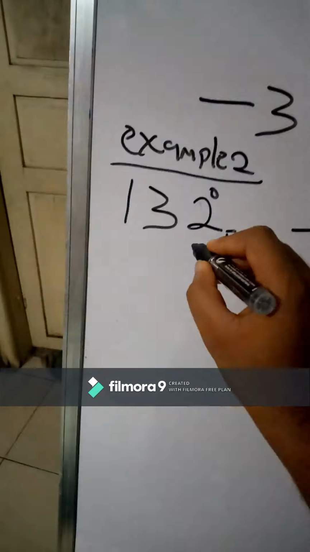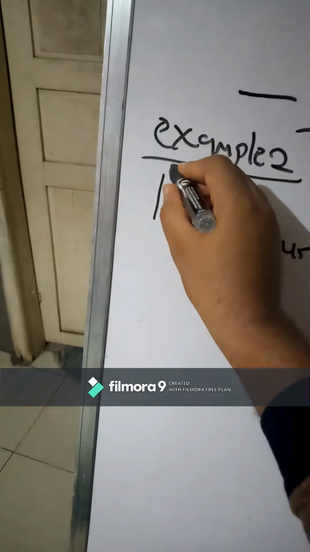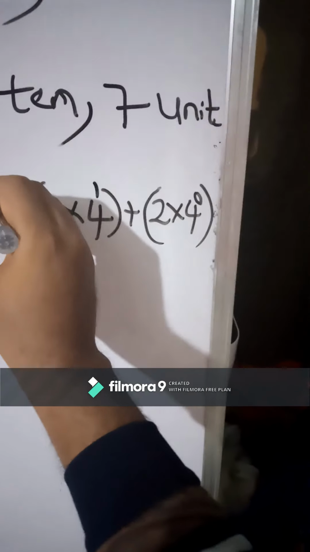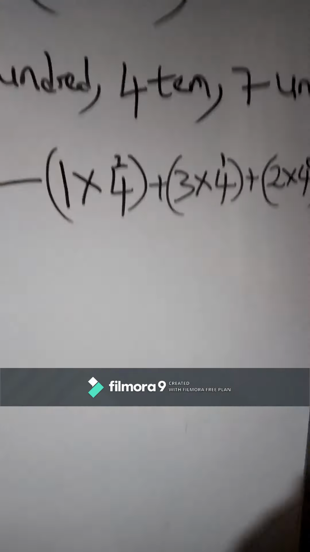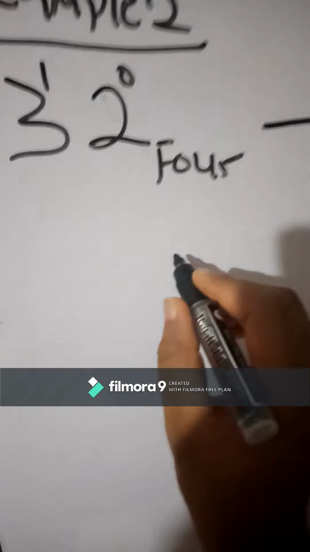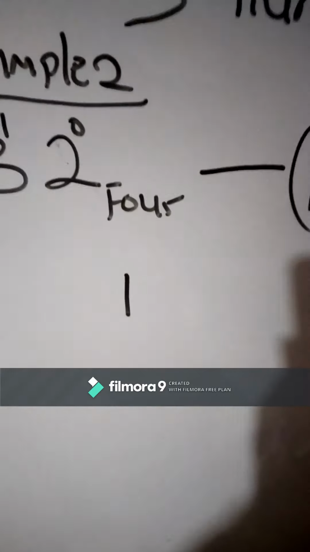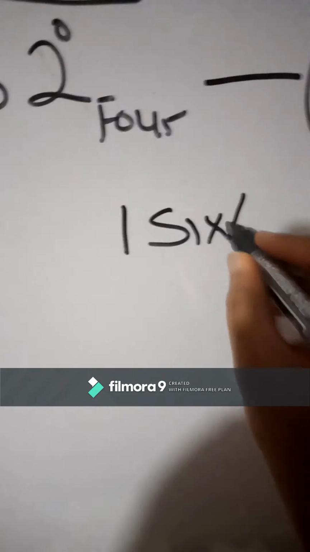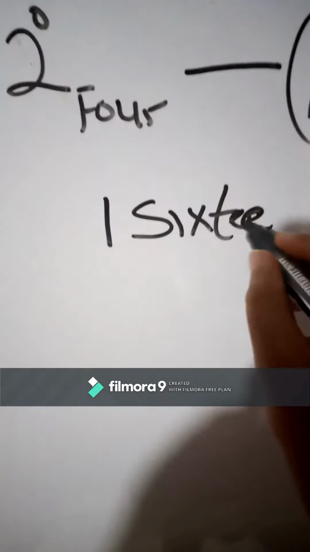So the 2 will take power 0, the 3 will take power 1, the 1 will take power 2. So I come back here, I introduce this 4 will carry the power 0, power 1, power 2. So once you have that, this will give me 1. 4 to the power of 2 is 16. So the place value of 1 is 16.